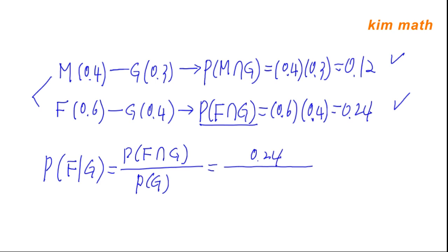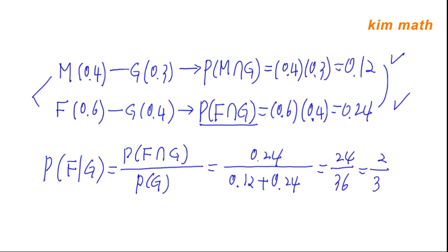And probability of glasses, you can simply add these two things, right? So 0.12 plus 0.24, which is 0.36, so 24 over 36, which is 2/3. Good.